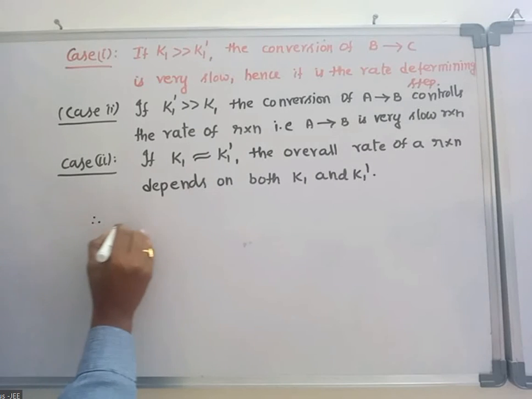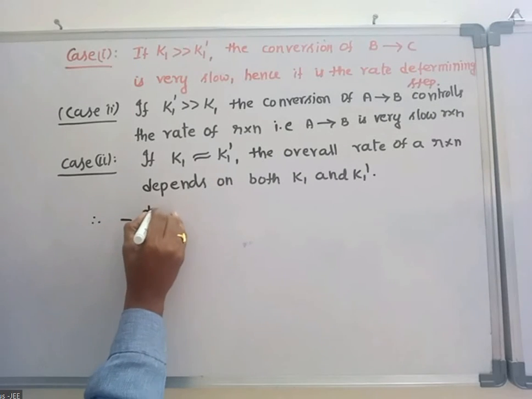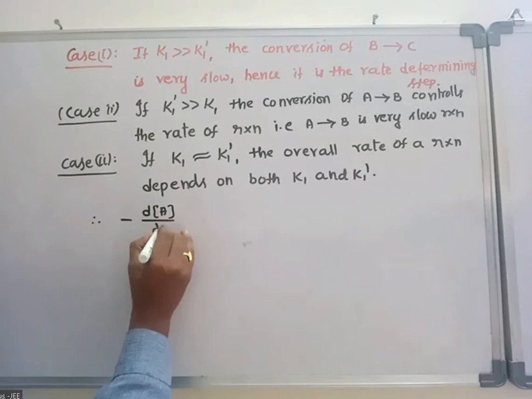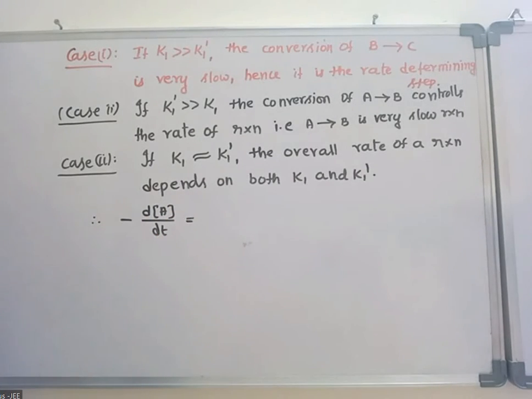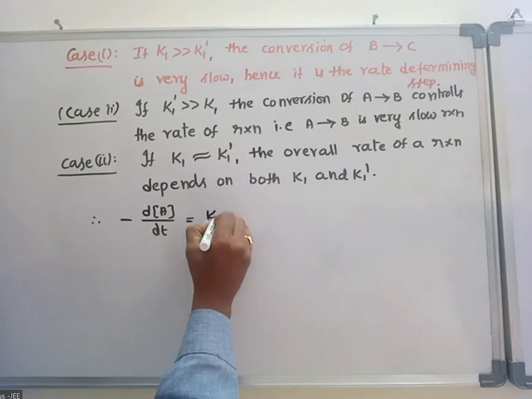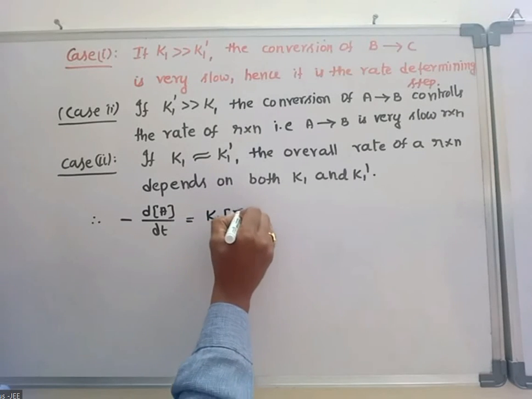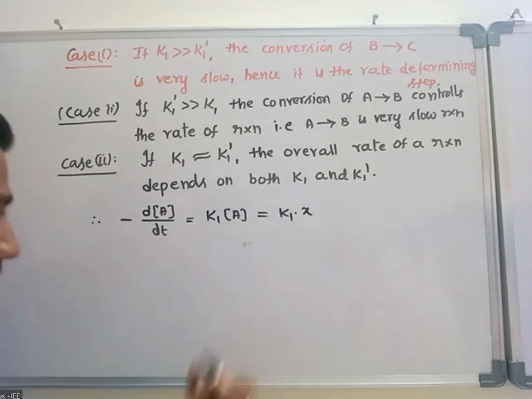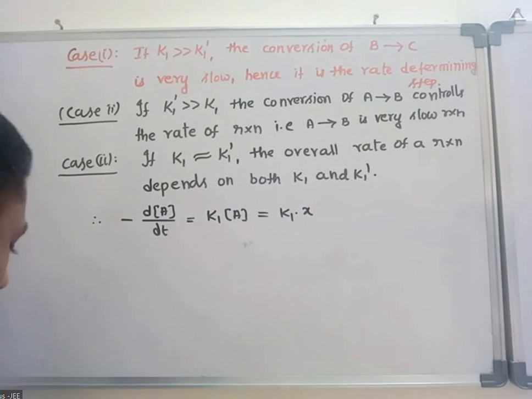Therefore, rate of disappearance of A equals minus d of A by dt equals K1 into concentration of A after time t, which is x.